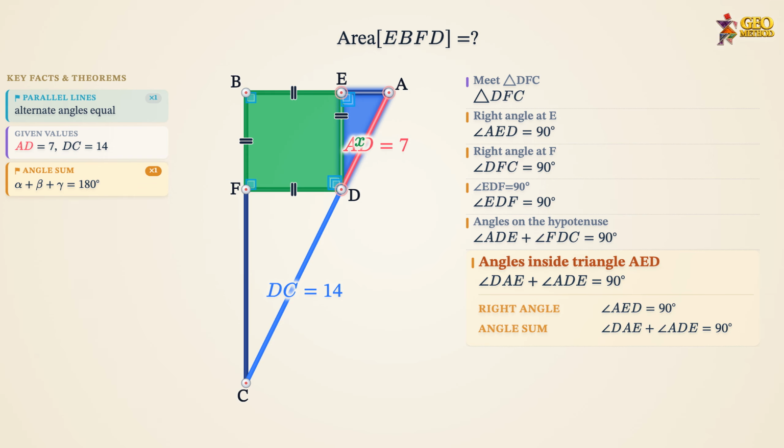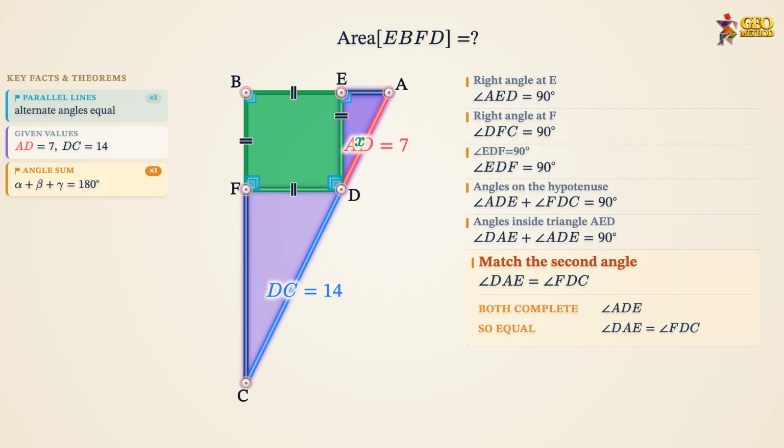Inside triangle AED, the right angle at E leaves the two acute angles DAE and ADE complementary. Together they make 90 degrees. Angle DAE and angle FDC each complete the very same angle ADE up to 90 degrees.